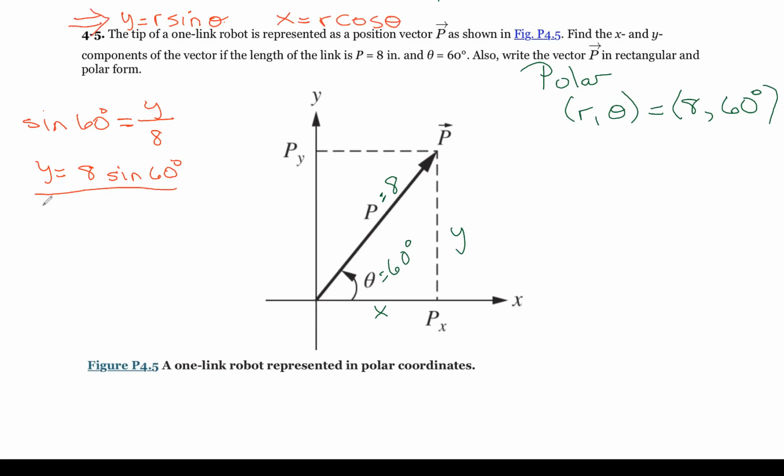So sine of 60 degrees is square root of 3 over 2. So y here is 4 times the square root of 3.